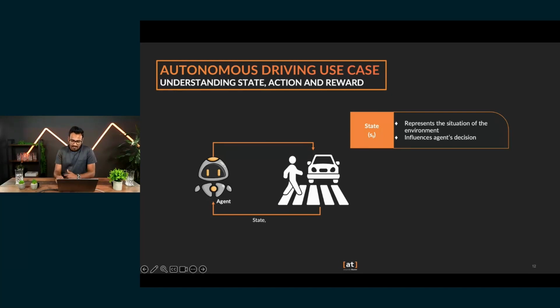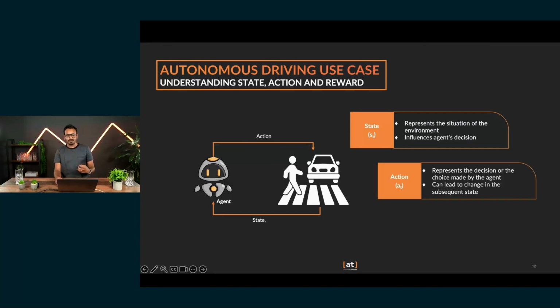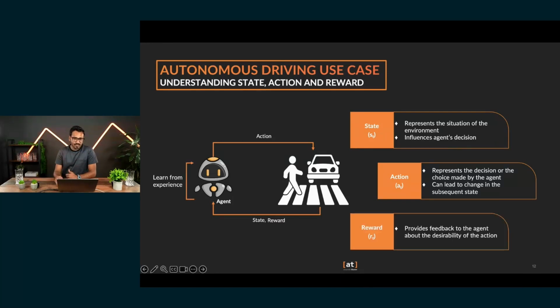Based on this state and this information, the agent tries to take an action. It can decide when it should brake, or should it probably accelerate the vehicle or maintain its velocity. As soon as it executes an action, there will be some change in the environment. And based on whether this change is positive or negative, the agent will get a reward from the environment.